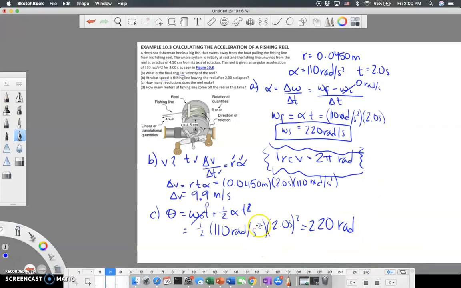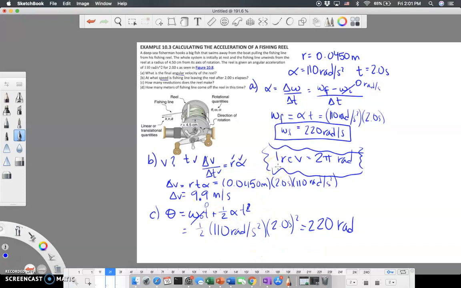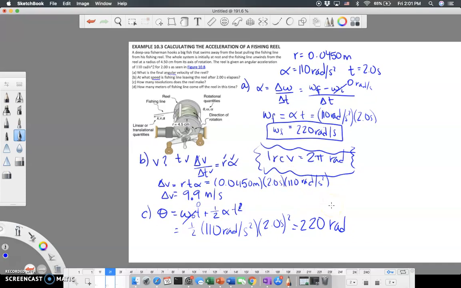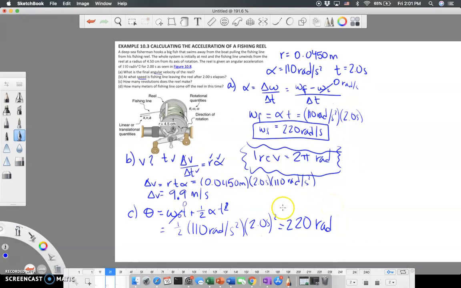Okay, so if we want to put that into revolutions, we can take that 220 radians, sorry, and multiply it by 1 revolution over 2 pi radians.